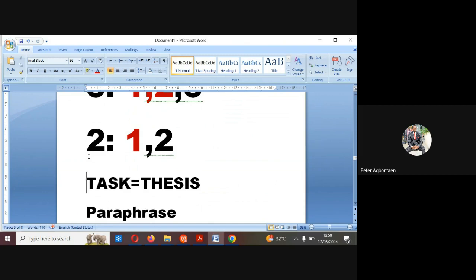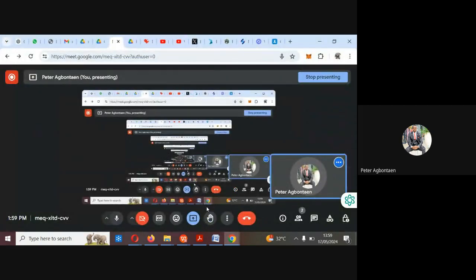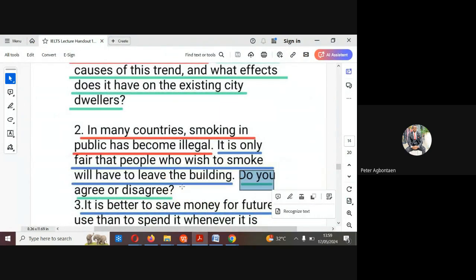That means you have told the child that you want to do what the child has asked you to do. The child asked you to buy an ice cream, and you have said, I will buy you an ice cream. The same thing plays out here. In the last sentence of the questions, they will always tell you to do something, so you have to find a way to tell them that you want to do whatever it is they have asked you to do. That will become your thesis statement.